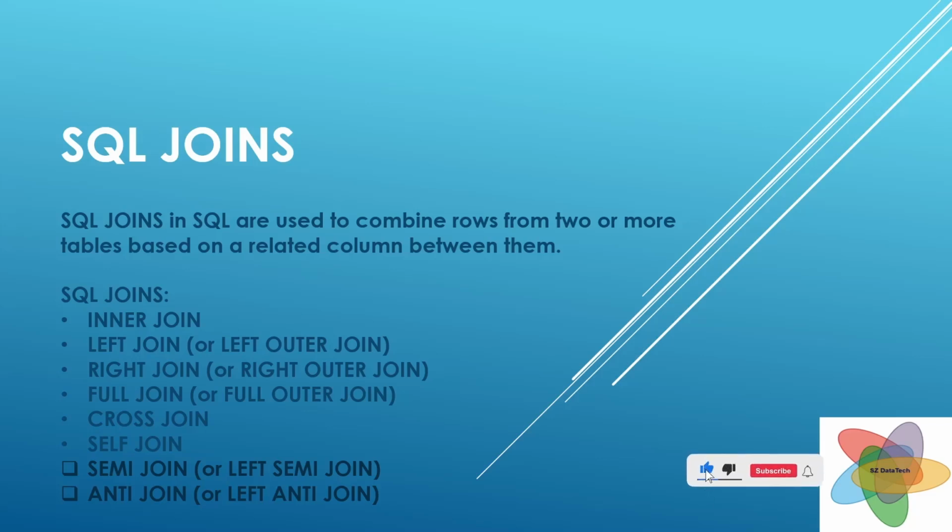There are two more joins, semi join and anti join, which we call left semi join and left anti join. Why we call them left, we will check in the upcoming slides. So let's go one by one to understand all these joins in detail.